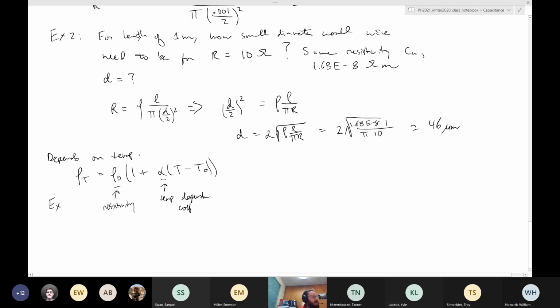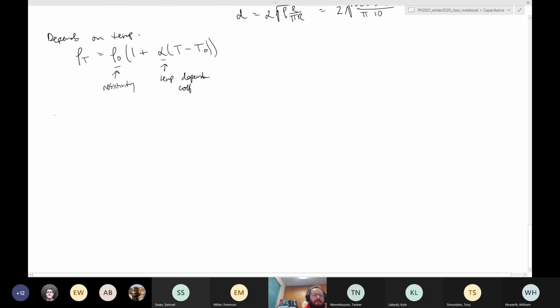And as a really simple example, think about a light bulb.